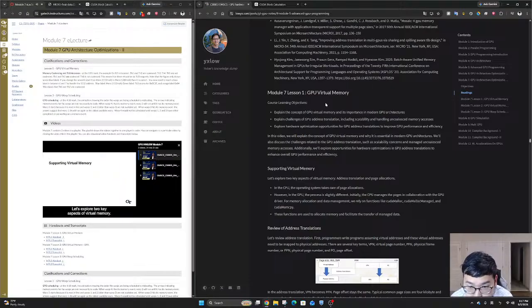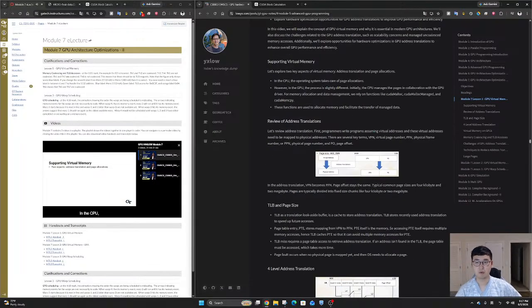Let's explore two key aspects of virtual memory: address translation and page allocations. In the CPU, the operating system takes care of page allocations. However, in the GPU, the process is slightly different.